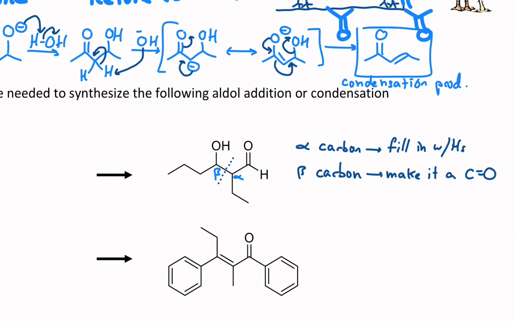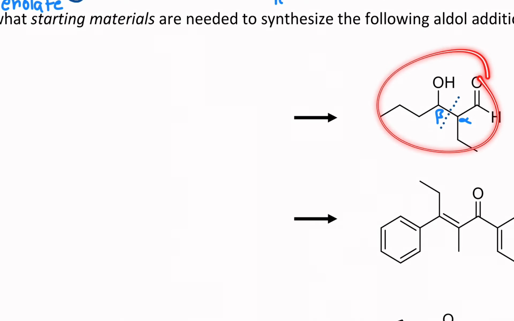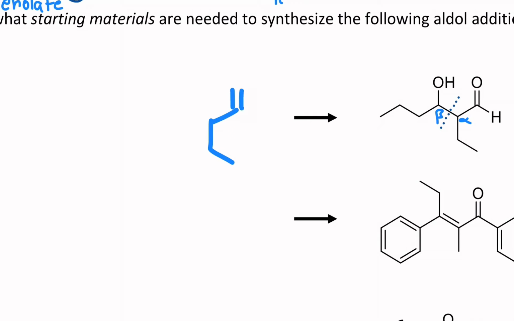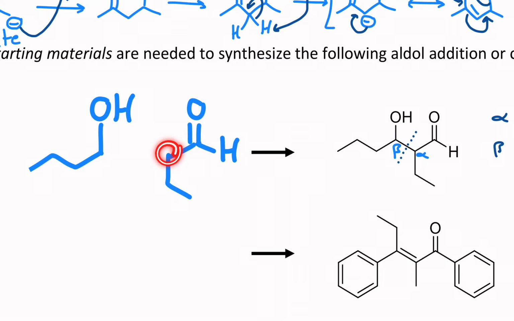So let's draw that. Let's go backwards, and I'm going to redraw this exactly the same, but I'm going to break that alpha beta bond. So if I do that, the part on the right would have this. The part on the left would have that. I do not have that bond anymore between the two. My notes say the alpha position, fill in with H's, right there, done.